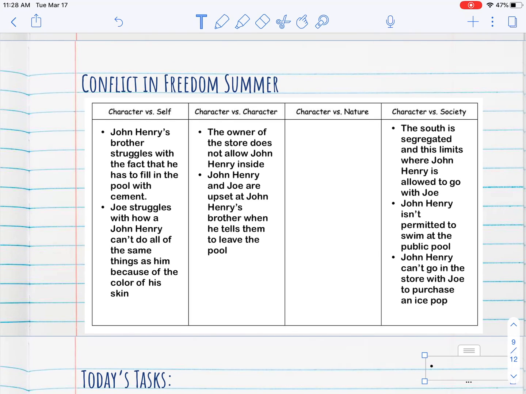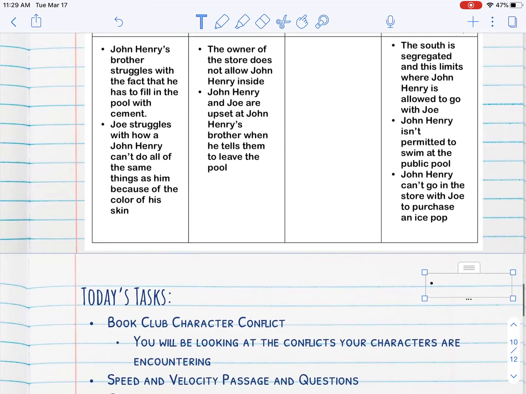And if you finish the book, think about the whole book, just like I did with Freedom Summer, and list some of those conflicts that the characters are having. You can use bullet points like I did. Whatever works for you. I recommend typing because the boxes are a little small and for neatness purposes, so I can be sure to read all of your thoughts. But that's what you're going to be doing today, thinking about characters and the conflicts they encounter.